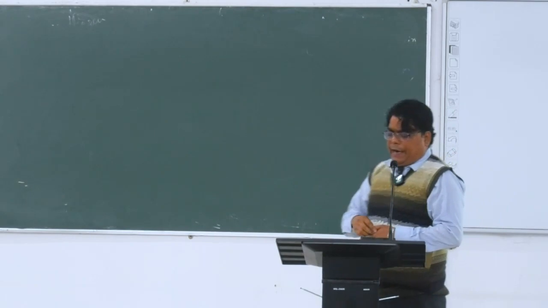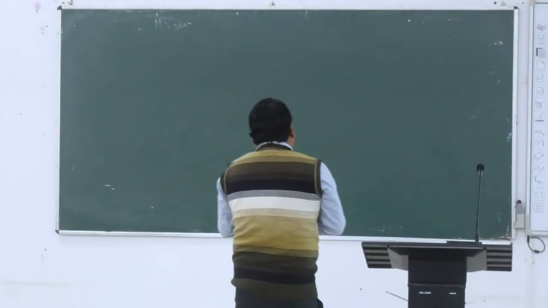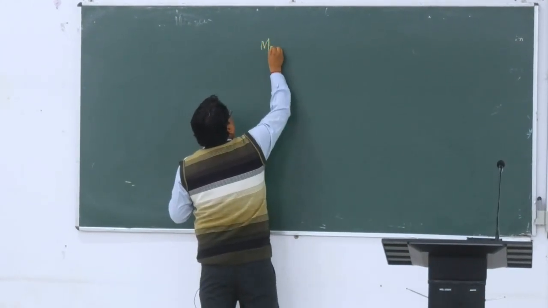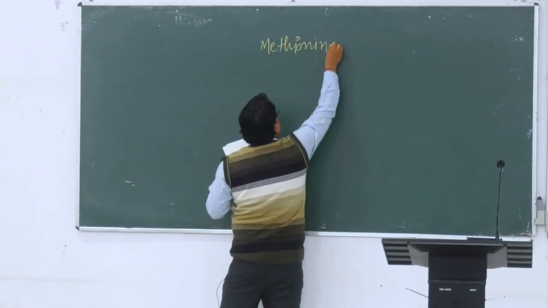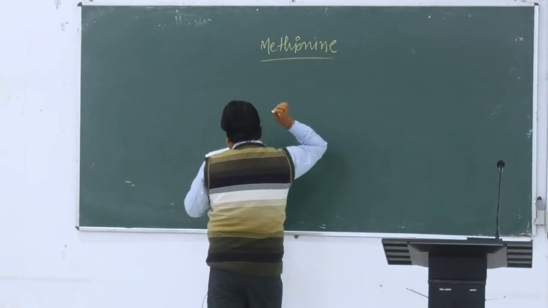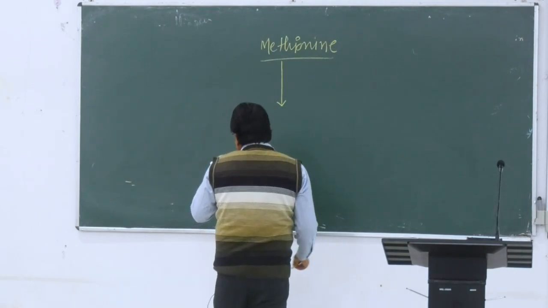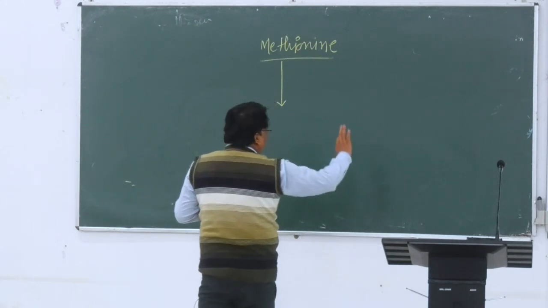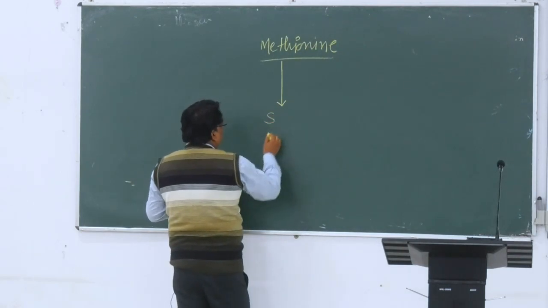Students, so you write in your copy and understand well. The first one is methionine. Methionine performs reactions of transmethylation, that means transfer of methyl group, and formation of SAM.